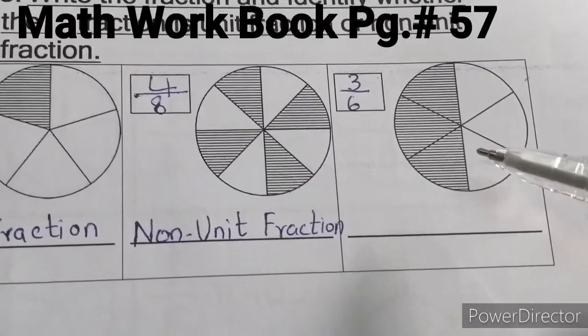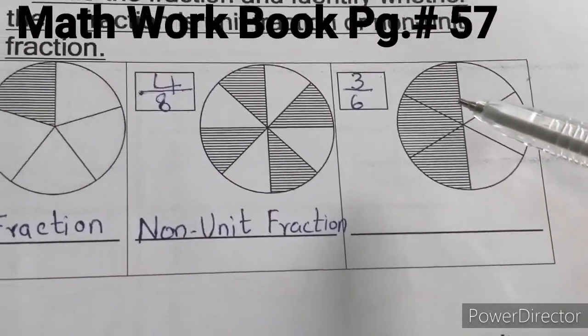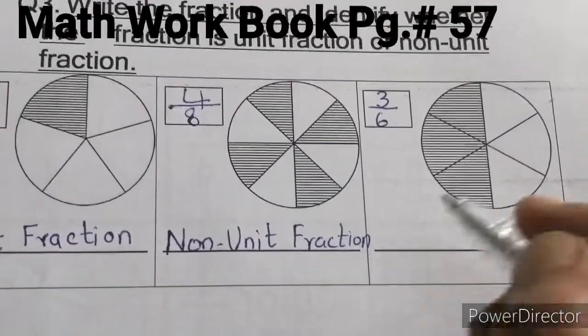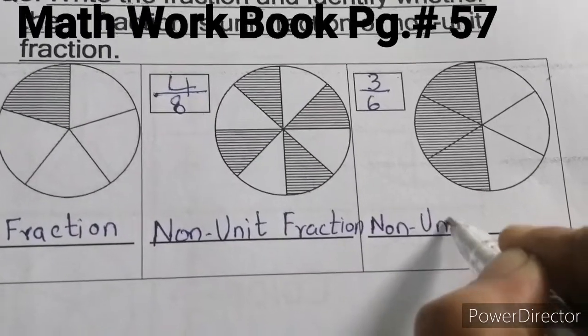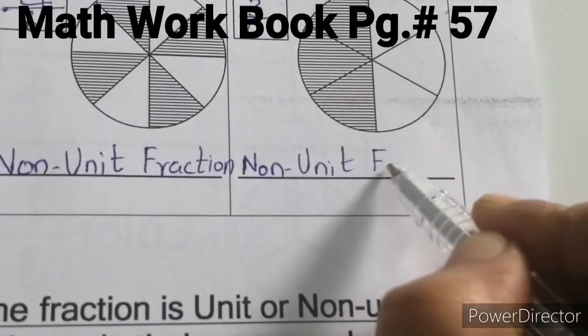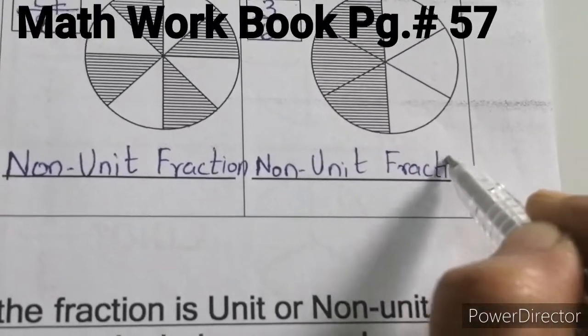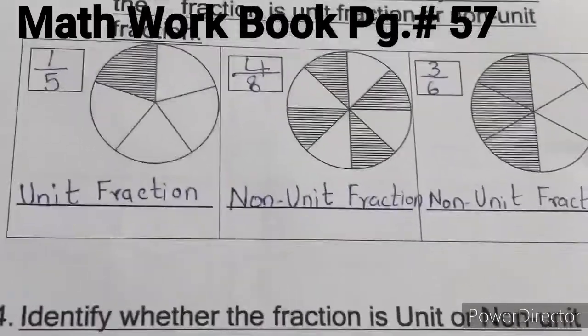It is not 1. It is more than 1. There are many parts which are shaded. If the numerator is not 1, then it is non-unit fraction. All of you write this neatly.